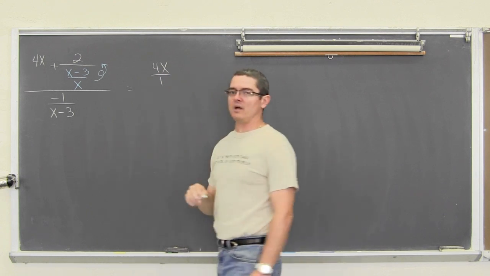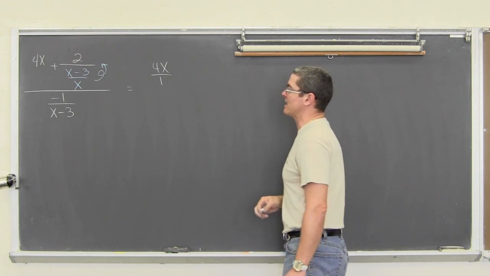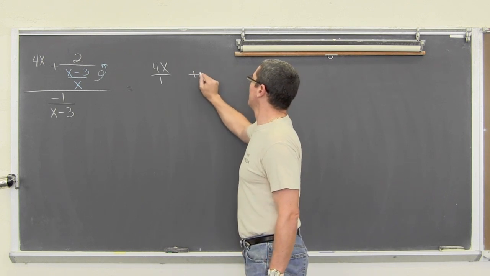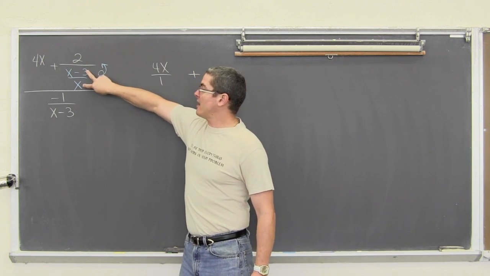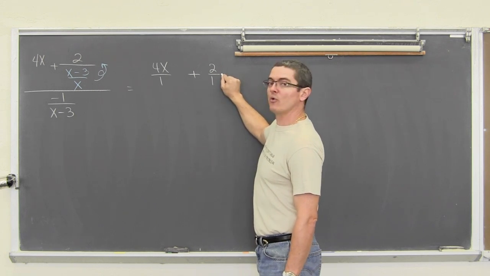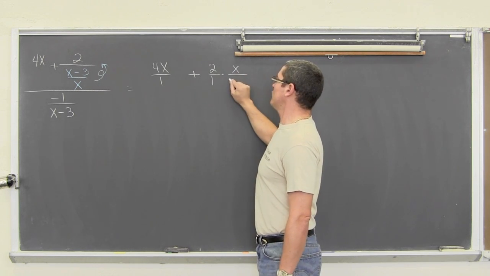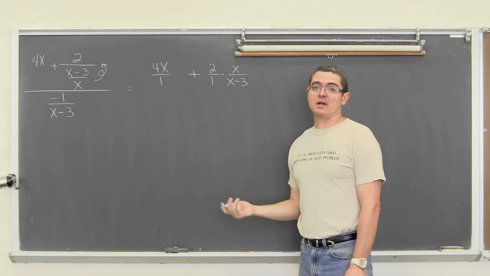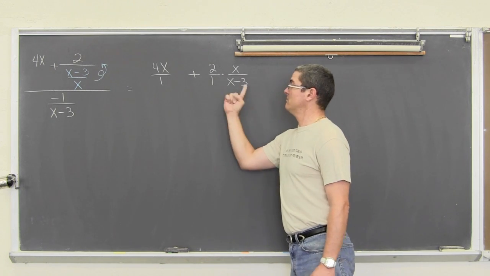I'm going to go ahead and write this over 1 because I'm going to be finding common denominators here in a second and leave some room to show that, plus, now if I take this denominator and I flip it up, it's going to be 2 over 1, that's the numerator, times x over x minus 3, which is going to be 2x over x minus 3.